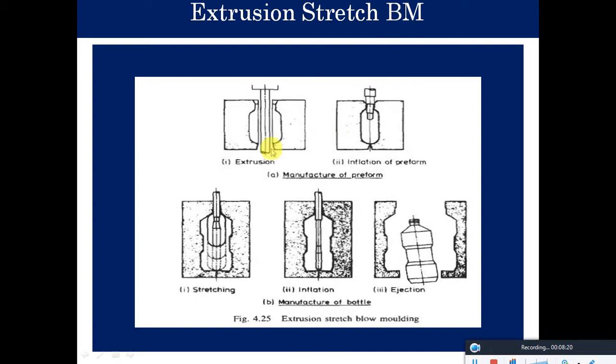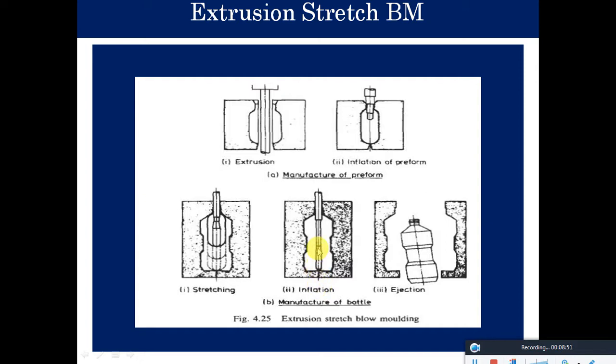And extrusion stretch blow molding. This is also similar to your previous one, where this preform is inserted inside the die and the inflation is allowed to act inside the die on this particular preform. Then we have to stretch. See, there is a provision to stretch this preform, and this preform is stretched up to this gas nozzle.